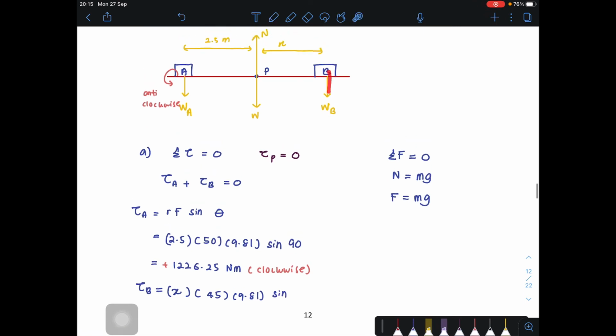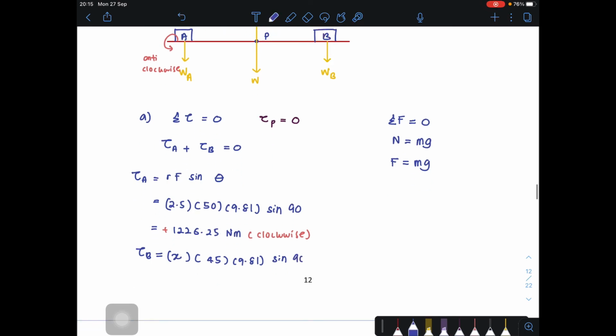The force is also downward. This one is r, and then the angle is equal to 90 degrees. So you will get 441.45x. We don't know x yet, so just leave it in terms of x.